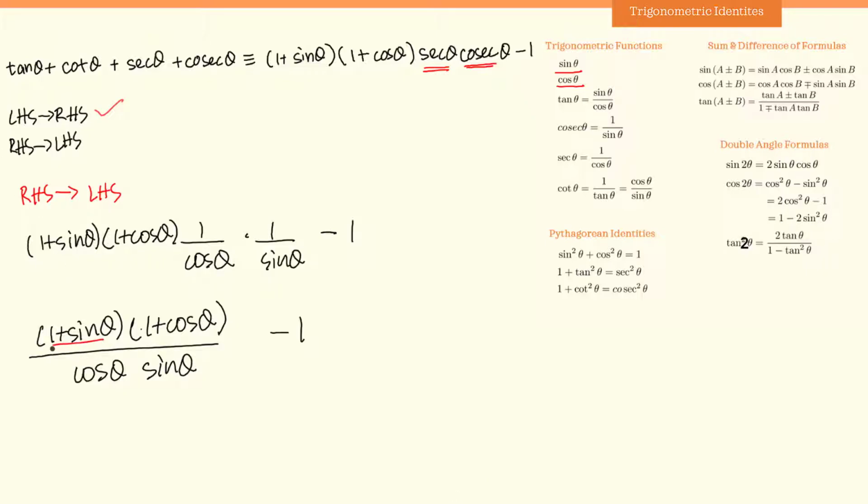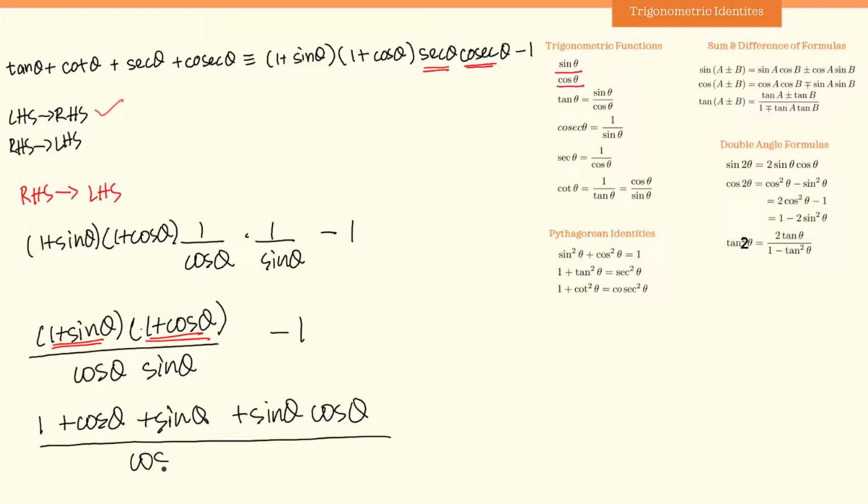Now next I am going to multiply both of these factors, and that would give me 1 times 1 is 1, and 1 times cosine of theta would be cosine of theta, and sine theta times 1 would be sine of theta, and sine of theta times cosine of theta would be sine theta times cosine theta, divided by cosine theta sine theta, and minus 1 here. Next I am going to take the LCM of this fraction and this minus 1, so this would get multiplied by cosine of theta sine theta, and cosine of theta sine theta in the numerator also.